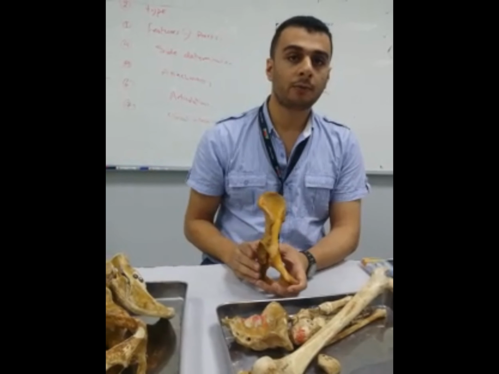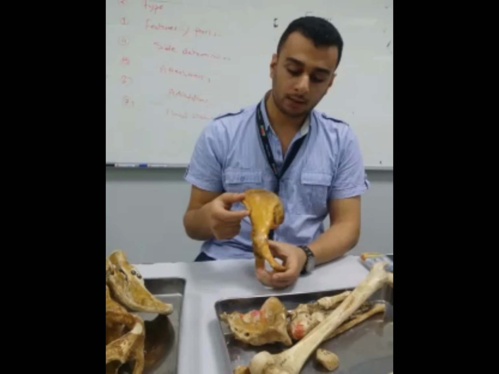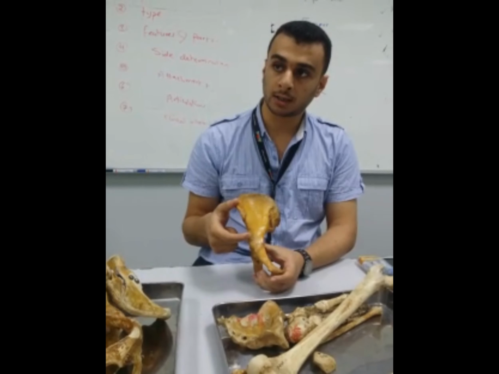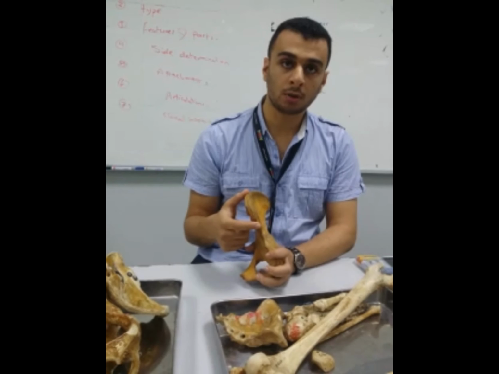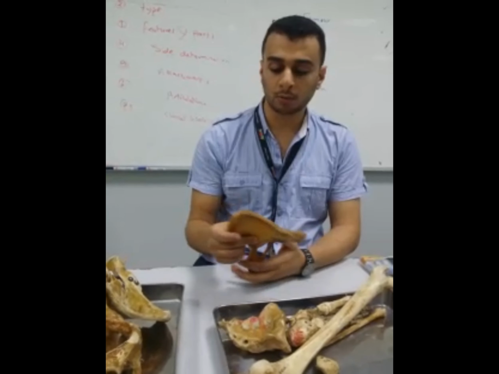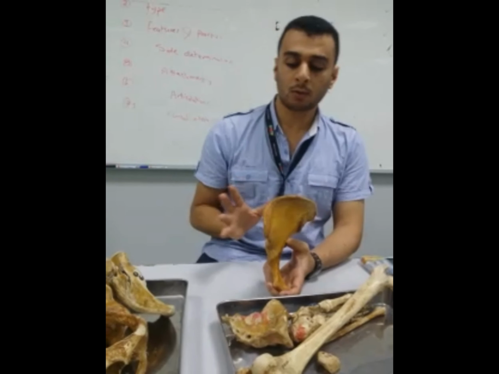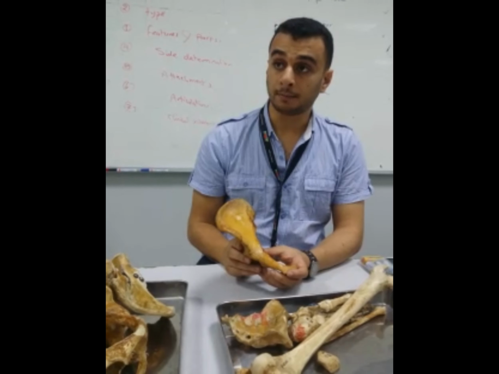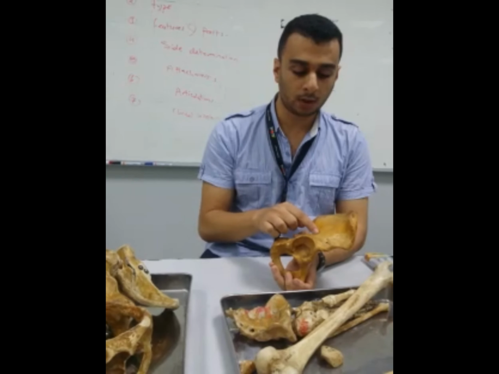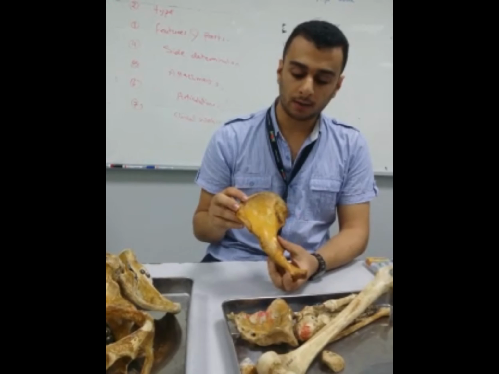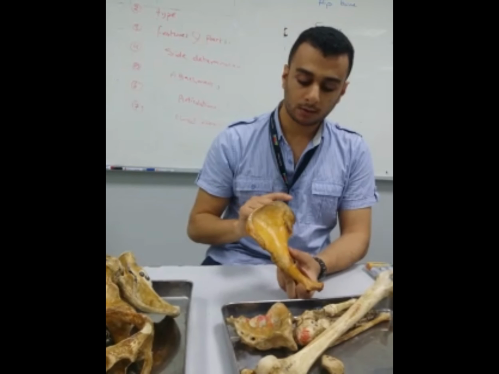Then in the ilium we have four spines: anterior superior iliac spine, anterior inferior iliac spine, and behind we have posterior superior iliac spine and posterior inferior iliac spine, and they also provide origin for important muscles. So those are the common features of the ilium: the iliac crest, the gluteal lines, the iliac fossa and articular surface, and the four spines.